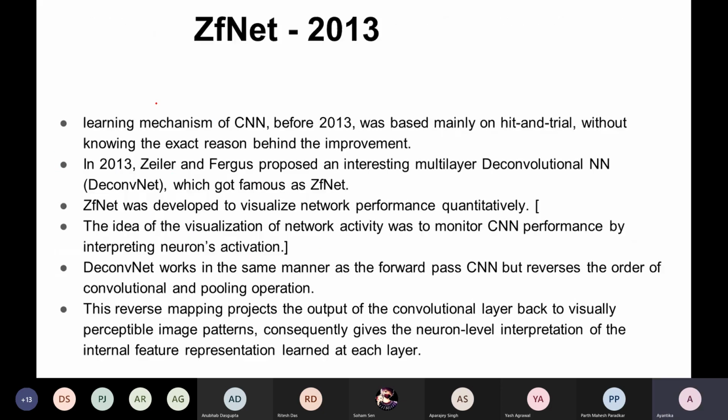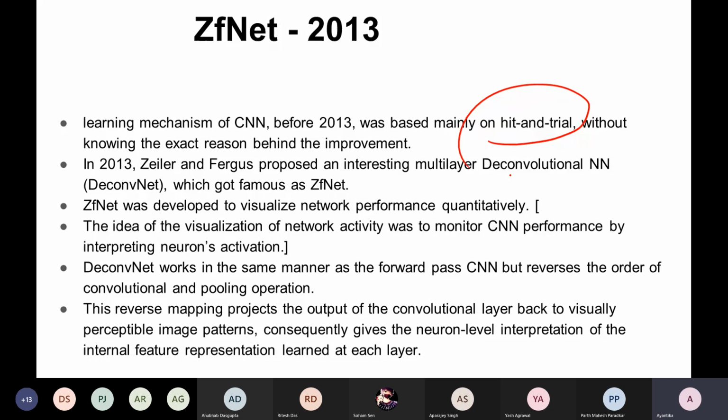Now, one thing is that so far, whatever we discussed up to LeNet and AlexNet was done based on some hit and trial. We were increasing some parameters, increasing some features, and getting higher accuracy.